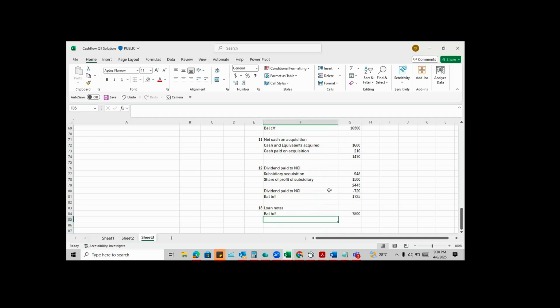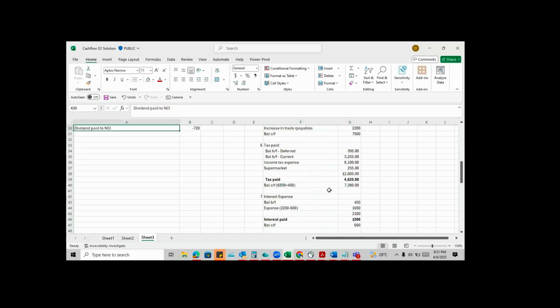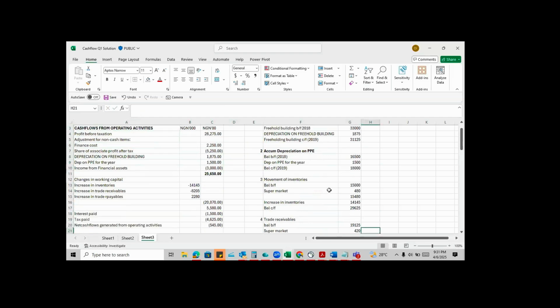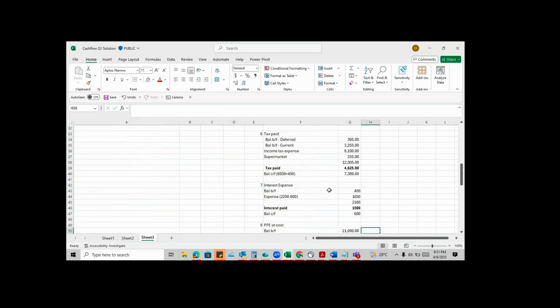That's the interest expense that went to POL. Let me break it down again so that you don't mix it up. When we did finance cost, we said it was 2,250.